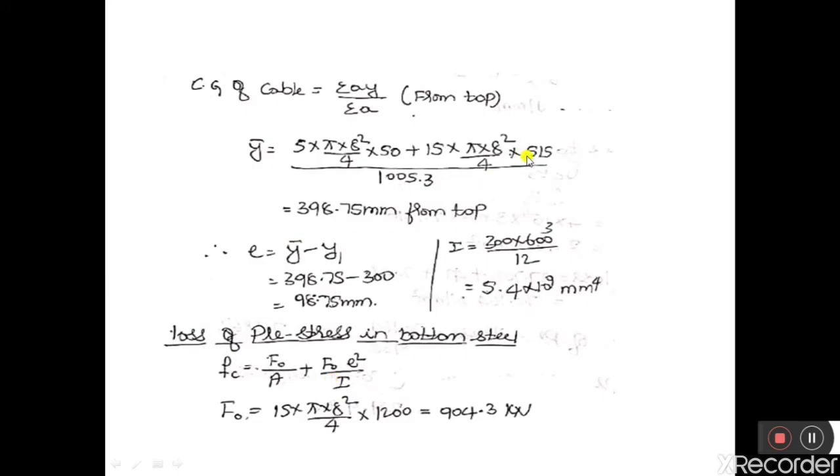So the centroidal distance is 515 mm, divided by summation of A. So the total cross-section area of the cable is 1005.3 mm square. Therefore, Y bar, the centroidal distance or CG of the cable, is equal to 398.75 mm from the top.